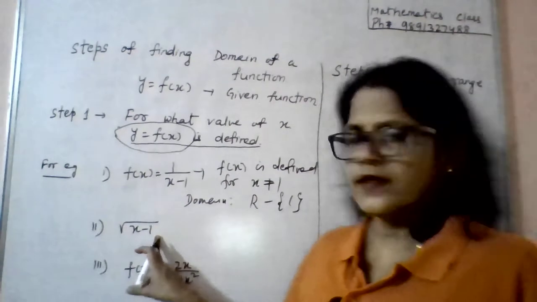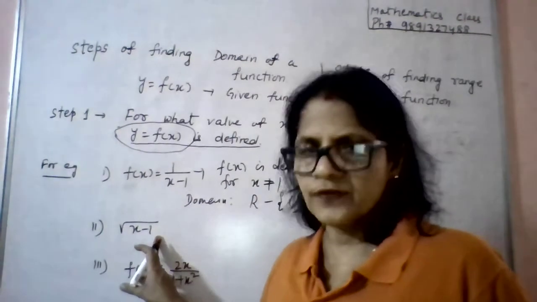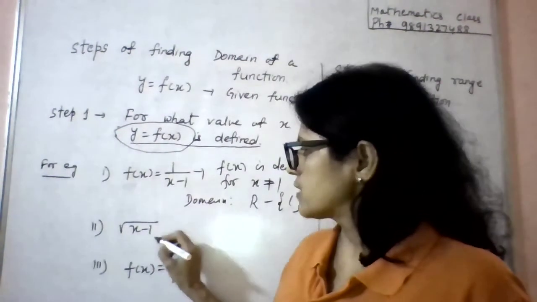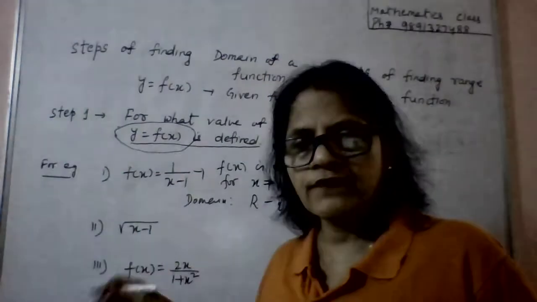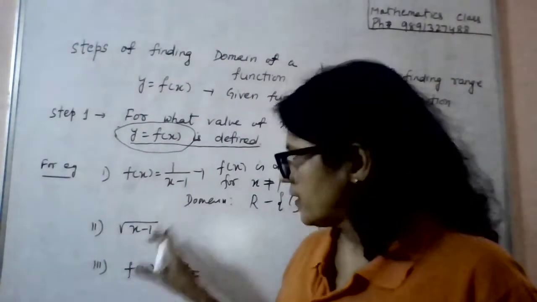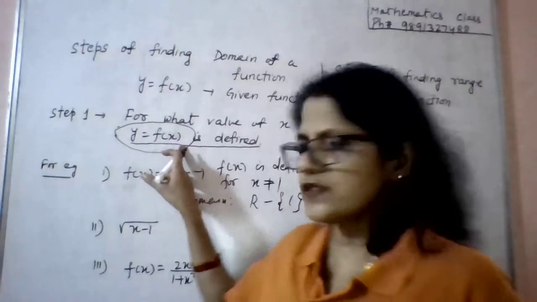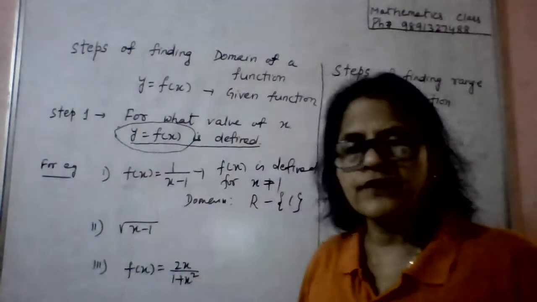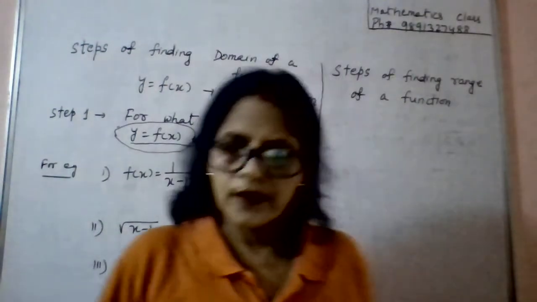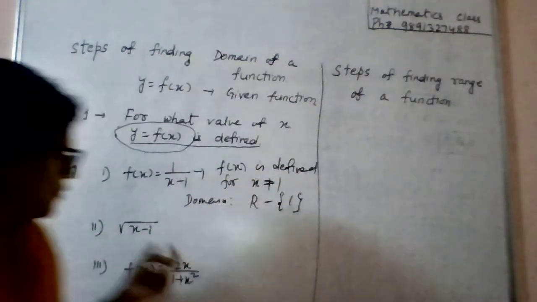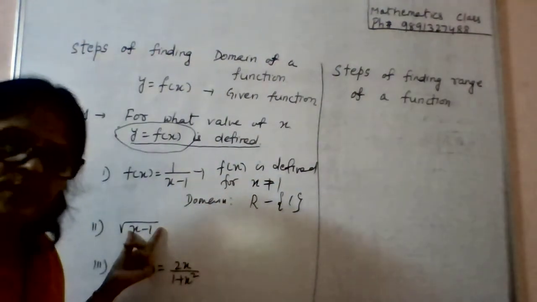Similarly, whenever I take under root x minus 1, the square root of x minus 1, when will this be defined? Again, as I said, the function is defined means the value of the function should be real. So for what value of x will this one be real?